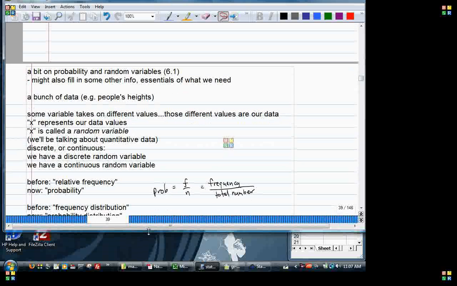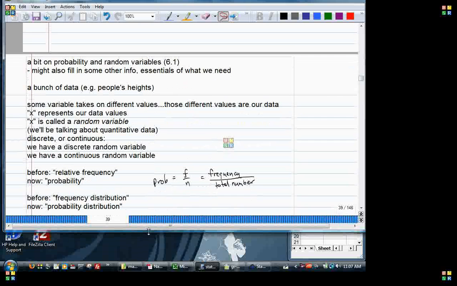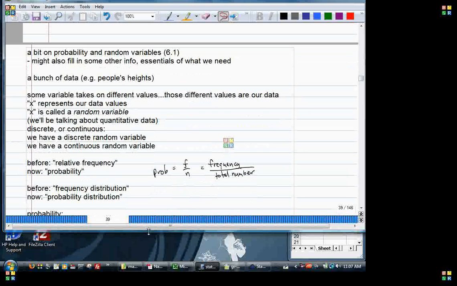So before, we could write a chart representing a frequency distribution. We don't call it that anymore. What do we call it now? Yes, probability distribution. Okay. So all the things that we said before apply once again when we're talking about probabilities.